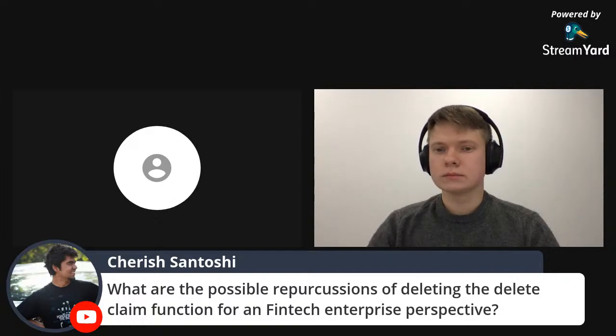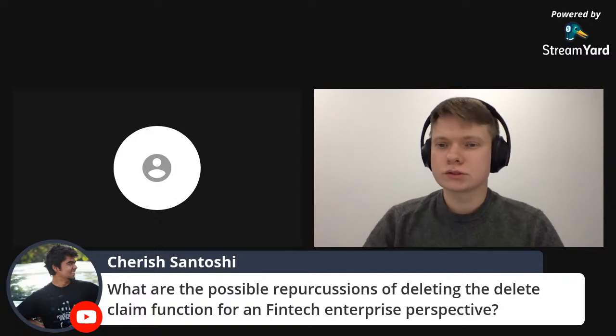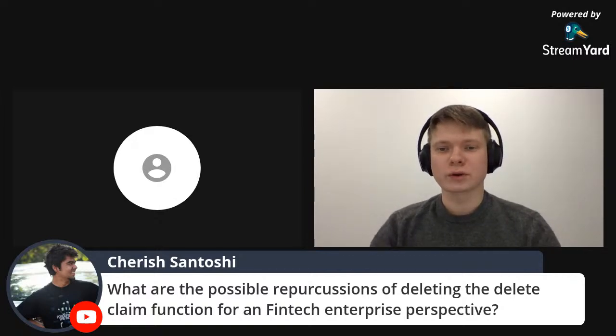So yeah, it's hard to answer this question, like what are the repercussions. Basically, this is a demo application, so I would advise against using this for any production purposes. So you would have a lot more logic, and that really depends on what you're trying to achieve.